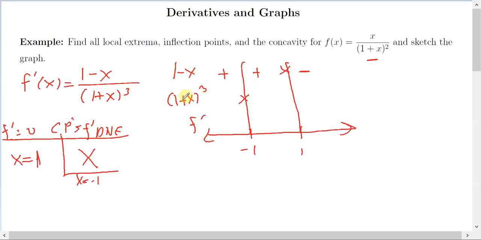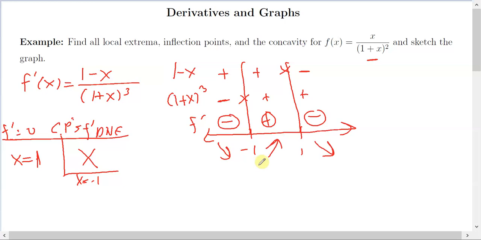The cubed factor behaves like 1 plus x, a line with a positive slope, so it's negative, then becomes 0, and then positive on the other side. If I hadn't included x equals minus 1, I would miss the sign change there. That sign change matters because my derivative is negative, then positive, and then back to negative. So my function is decreasing, then increasing, then decreasing.